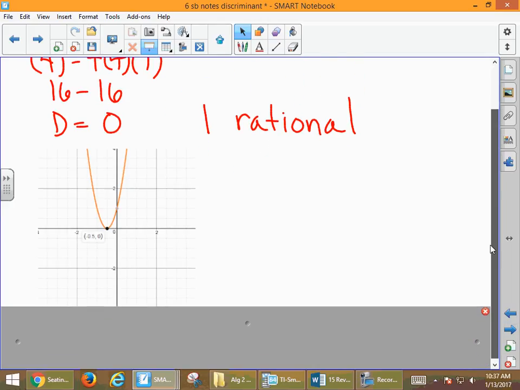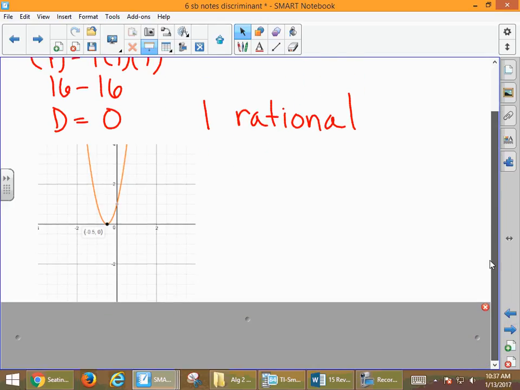Here's our picture where we only crossed the x-axis once. Again, very hard to see the root, but it actually ends up to be negative 5.